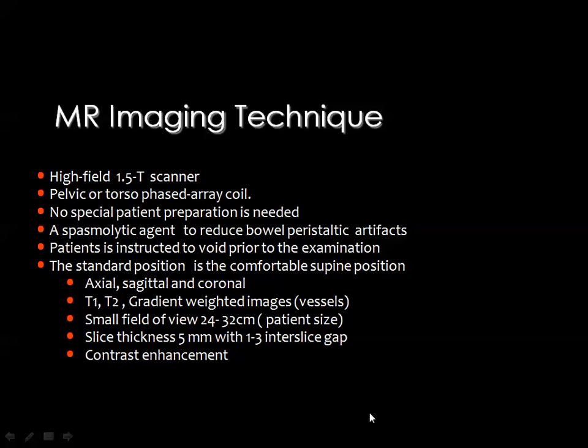Then MRI is of course considered as one of the most important imaging techniques for evaluation of the female pelvis nowadays, in particular the uterus, and whenever you are in the way to stage some of the neoplastic lesions, as we will see.